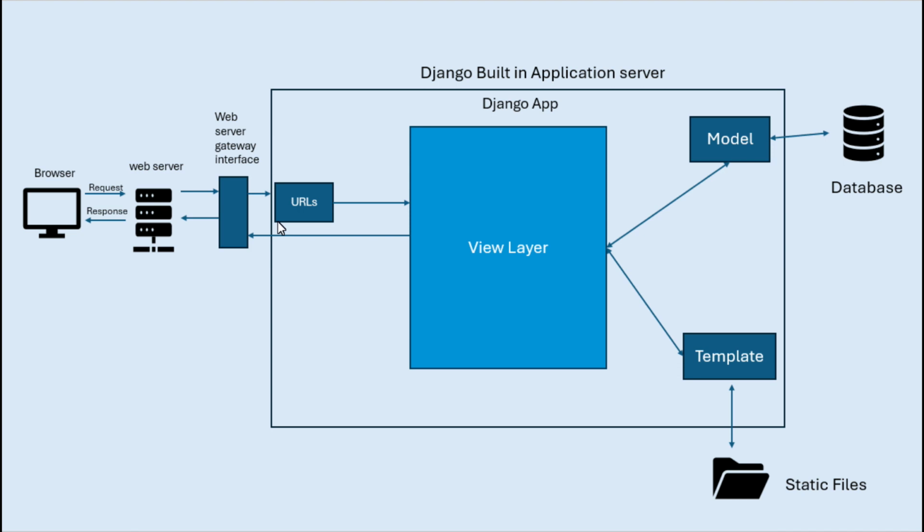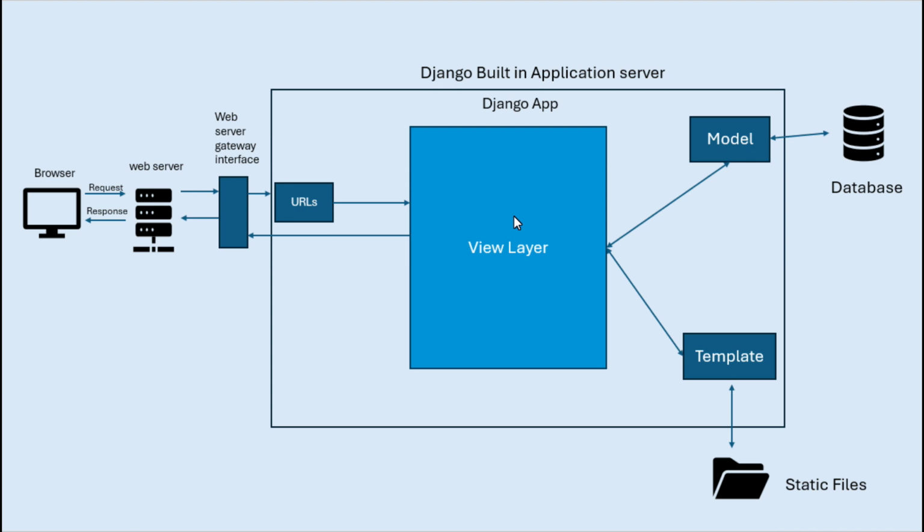Django uses URL config to handle web requests by matching the requested URL to a set of predefined patterns in the urls.py file. The URL dispatcher then directs the request to the appropriate view function or class in views.py.